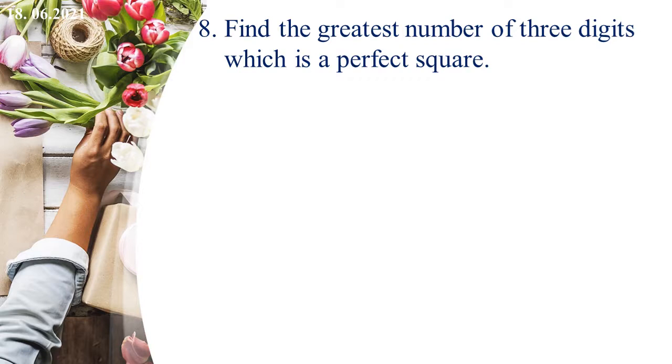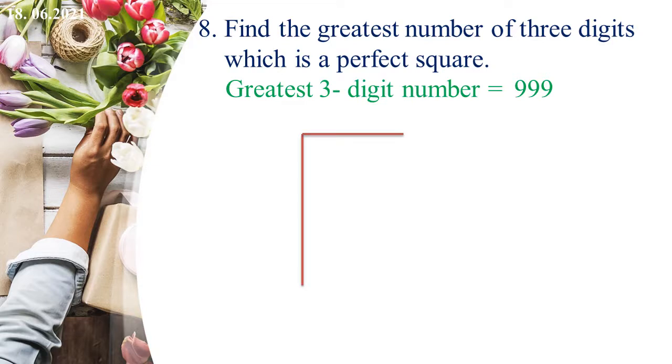Find the greatest number of 3 digits which is a perfect square. The greatest 3-digit number is 999. Let us try to find out the square root of 999 using the long division method. Here, 999 is the dividend. First, we should mark off the digits in pairs starting from the units digit.